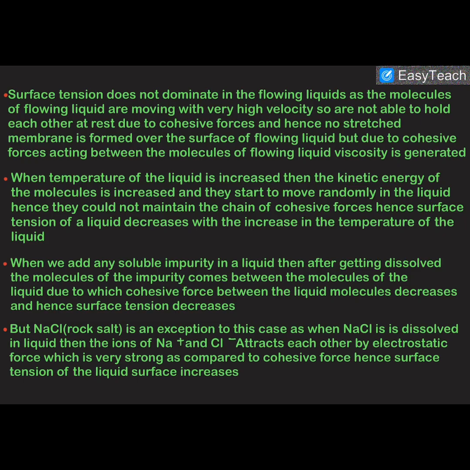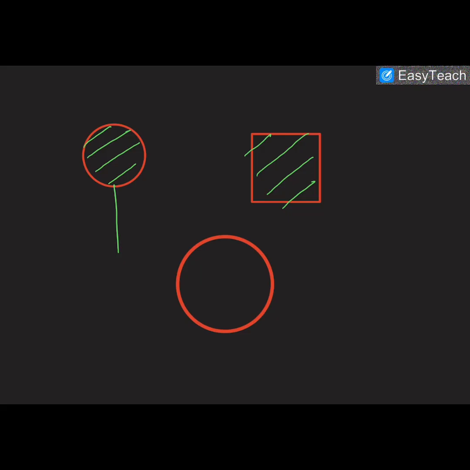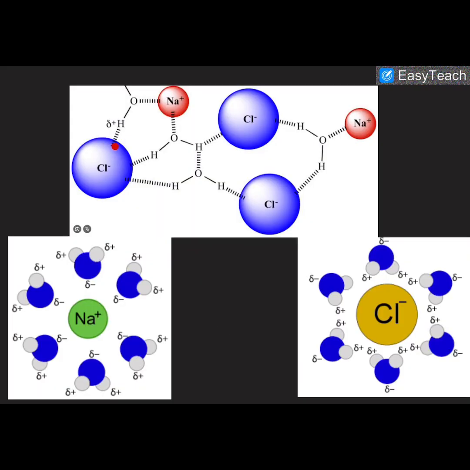But there is an exception to this thing, that when we dissolve rock salt, NaCl, which is an ionic compound, then the surface tension increases. This is due to the fact that when NaCl is dissolved in the water, then obviously Na+ and Cl- are split apart from each other, and the H2O molecules are creating bonds with both of them.